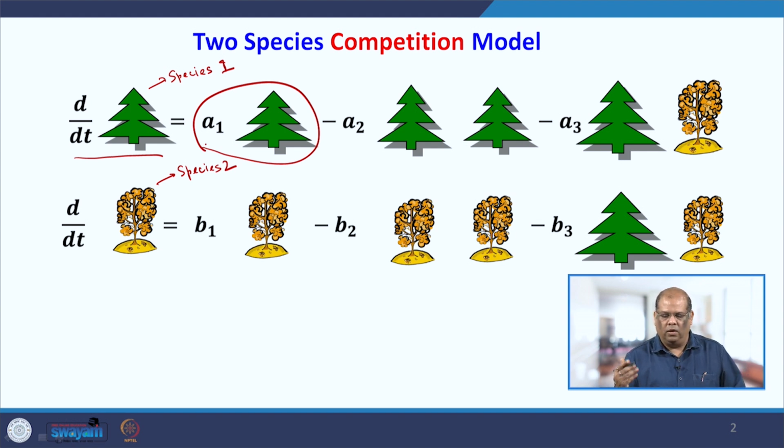Also, two plants of the same species compete for the same resources, which are water, sunlight, nutrients, and space, and hence there is competition between plants of the same species, called intra-specific competition.